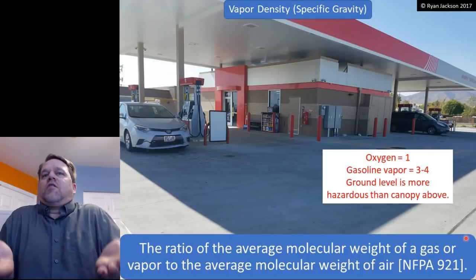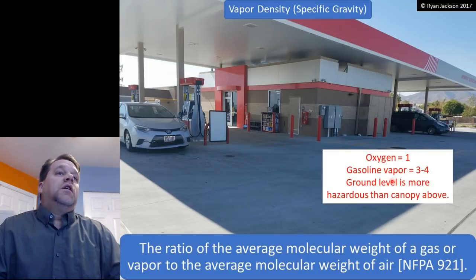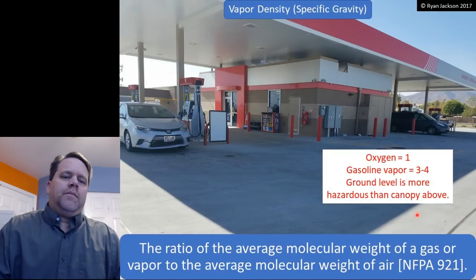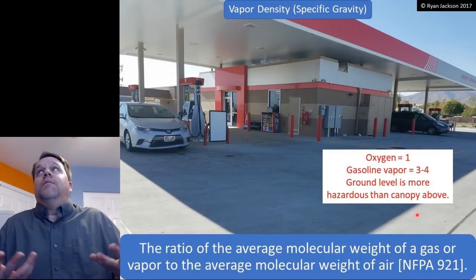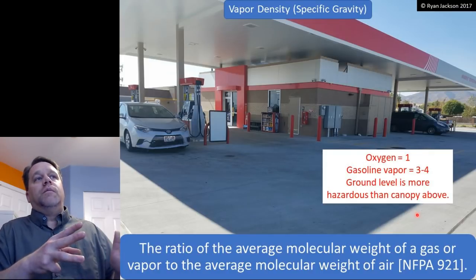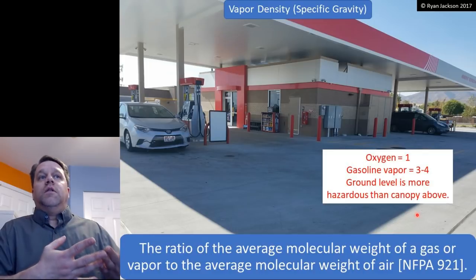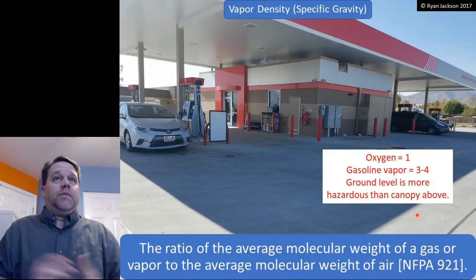We just call it 1. Gasoline vapors are 3 to 4, which means gasoline is 3 to 4 times heavier than the atmosphere. Does that make sense? Helium is inert, so you're not going to light helium on fire, but helium is lighter than air, obviously, so it's going to be something lower than 1, 0.95 or something like that.